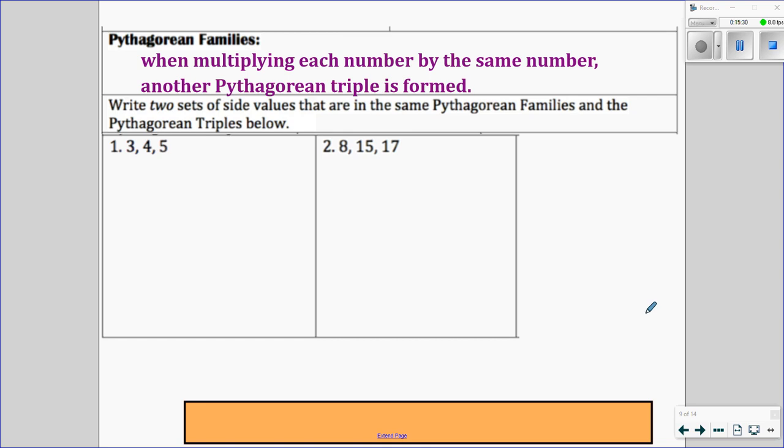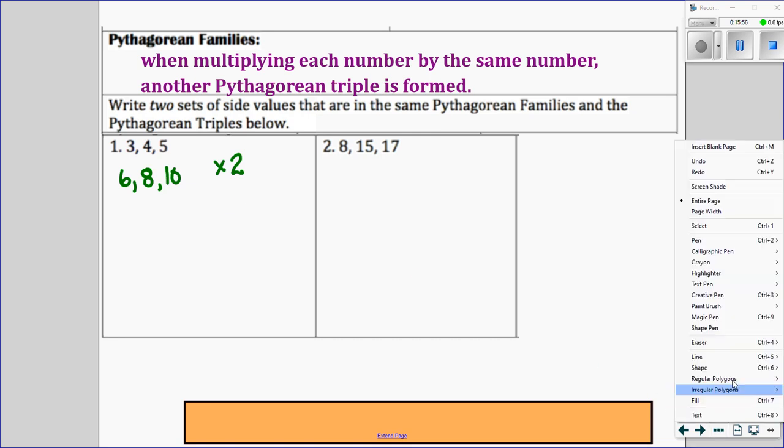And get used to that 3, 4, 5, because that is the common right triangle that you always hear they use. If I took the 3, 4, 5 and multiplied each of them by 2, I would get 6, 8, and 10. So 6, 8, 10 is a triple, and it's part of the 3, 4, 5 family.